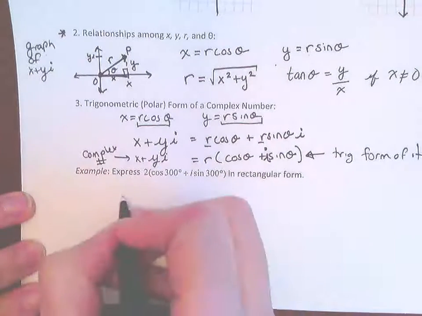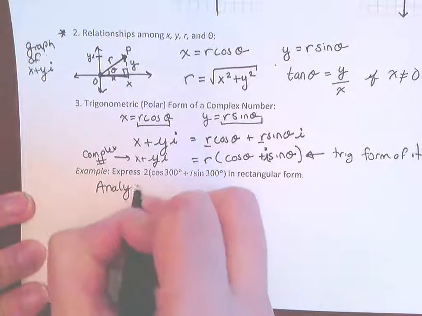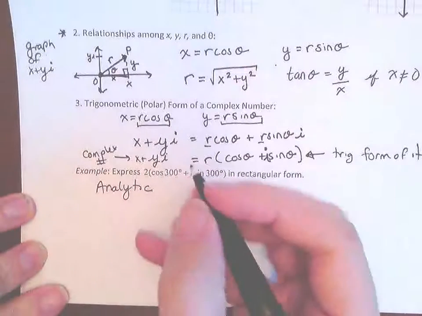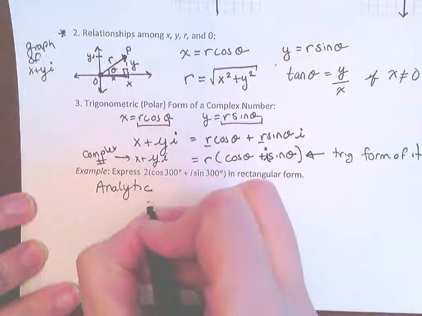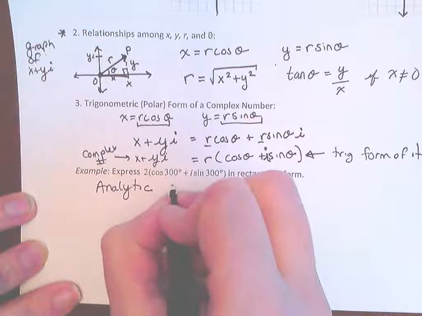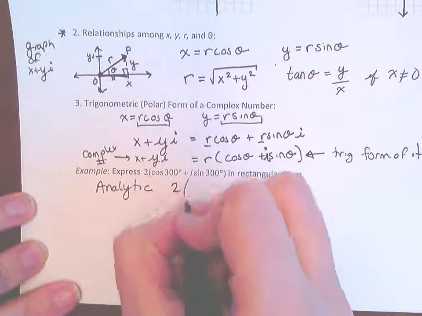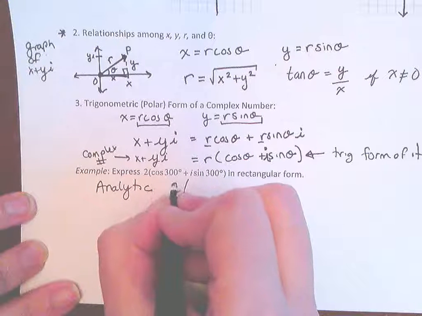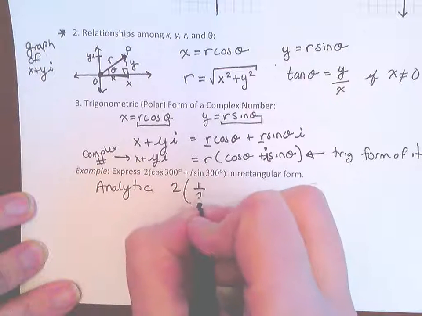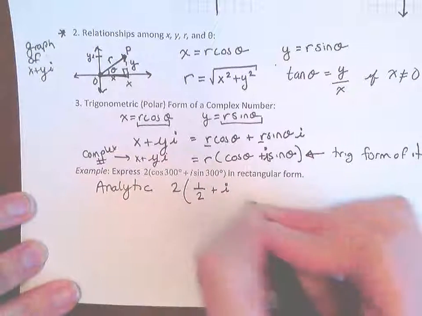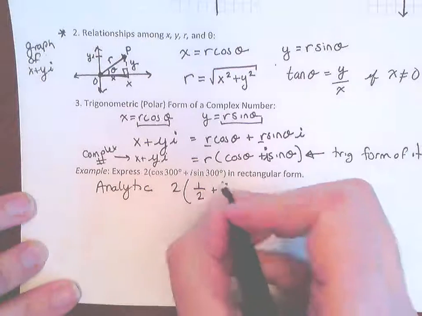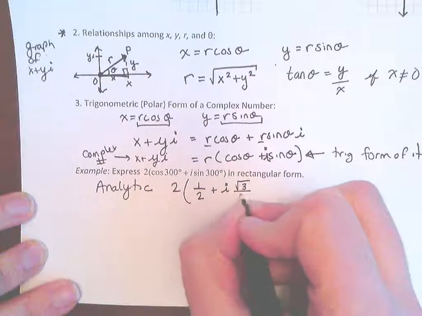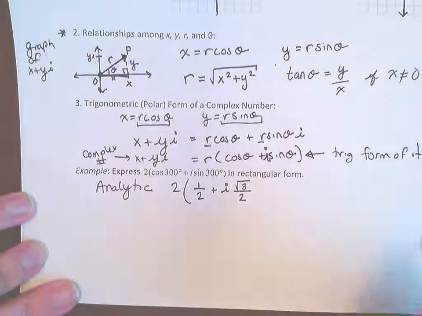So this is the analytic solution. 2 times cosine of 300 is 1/2 once you put that in the calculator, plus i sine of 300 is square root of 3 over 2. Again, either you remember it from the unit circle, or you put it into your calculator.